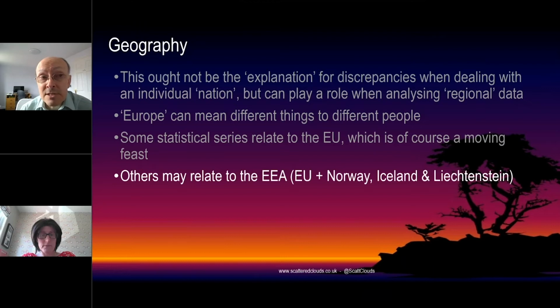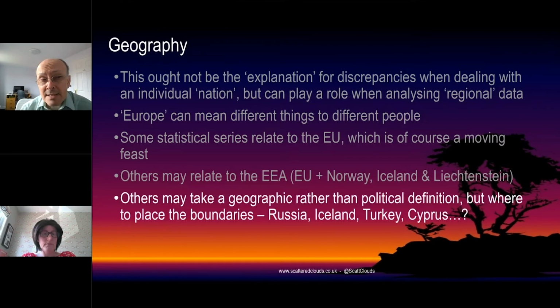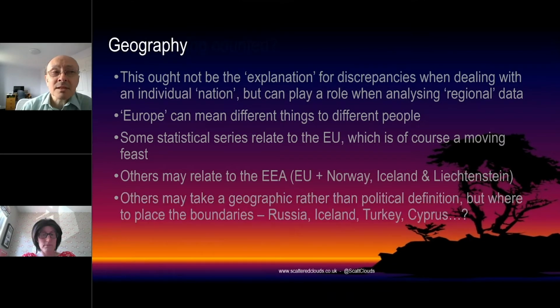Other statistical series may relate to the EEA, or European Economic Area. That's the EU plus Norway, Iceland, and plucky Liechtenstein. Others may take a geographical rather than a political definition of Europe. But if you're doing that, where do you place the boundaries? Do you include Russia, Iceland, Turkey, Cyprus? It's a bit of a minefield.